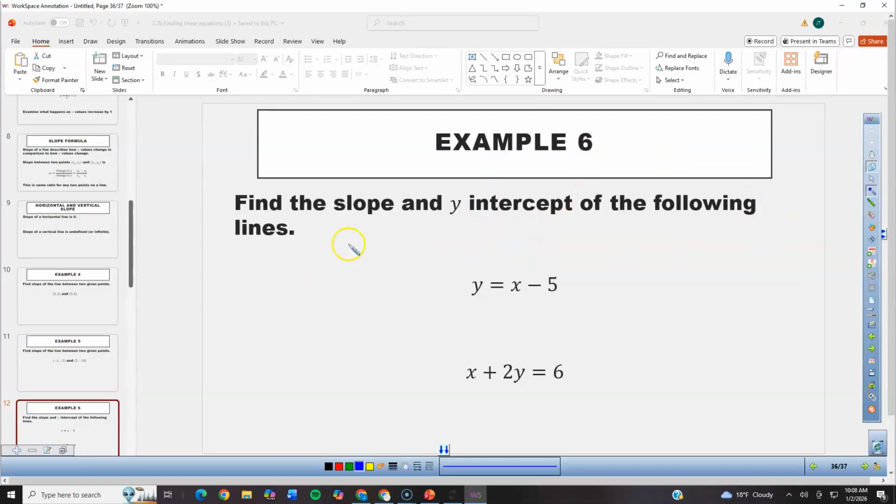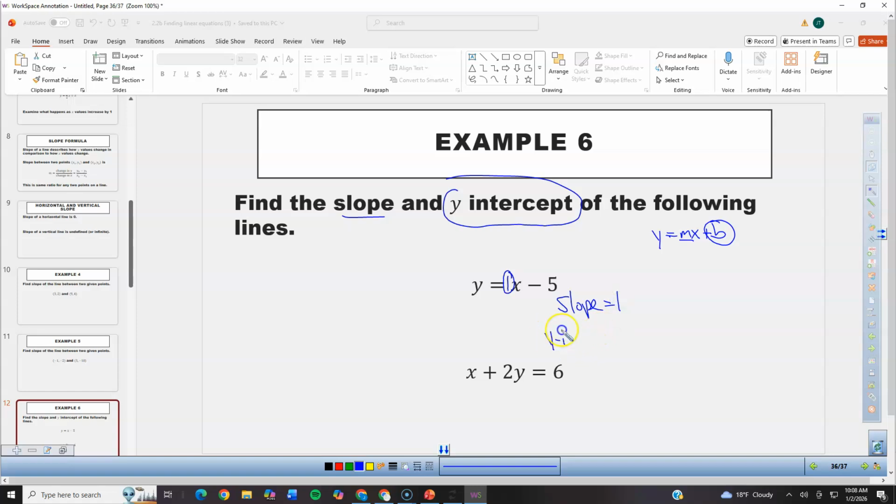All right. Let's find the slope and y-intercept of these. Now, what's nice about these is if we have y by itself, that's y equals mx plus b, where m is my slope and b is my y-intercept. So for this one, what number's in front of my x here? A 1, right? So my slope is 1.